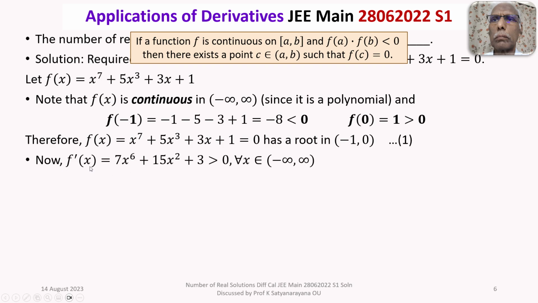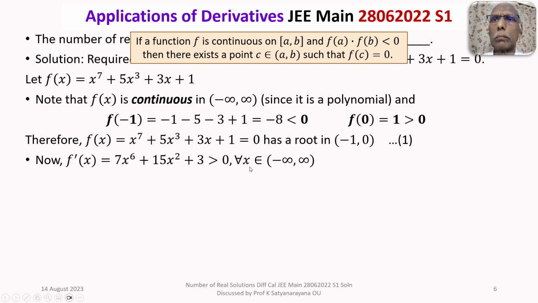Now we want to talk about the increasing and decreasing nature of this function. For that we take its first derivative. f prime x is equal to 7x to the power of 6 plus 15x square plus 3, which is greater than 0. Observe that this is greater than 0 for all x belonging to minus infinity to plus infinity.